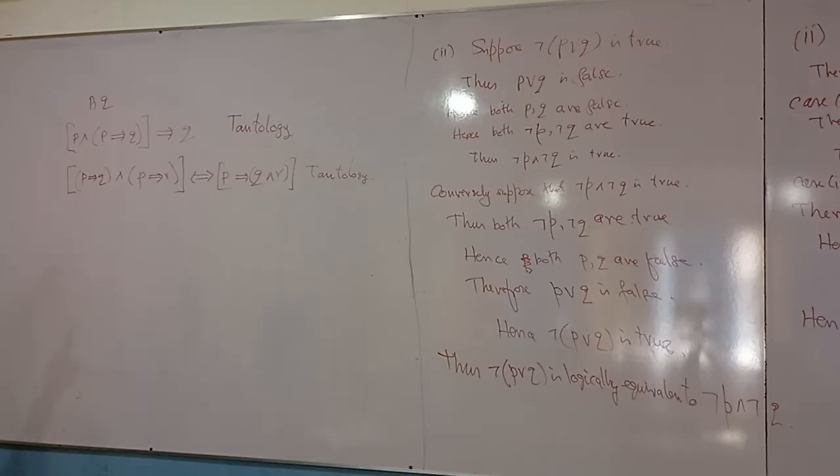Second one, for instance, if this one is true, that means if P is true, it implies both Q and R. So if P implies Q and R, if you assume P, then both Q and R are true. Here also the same thing.